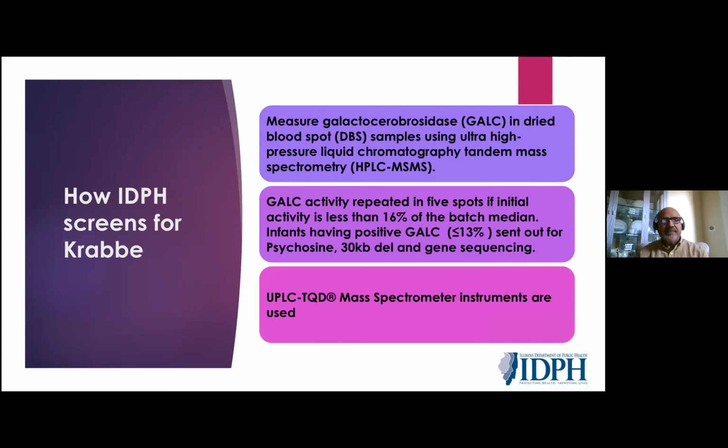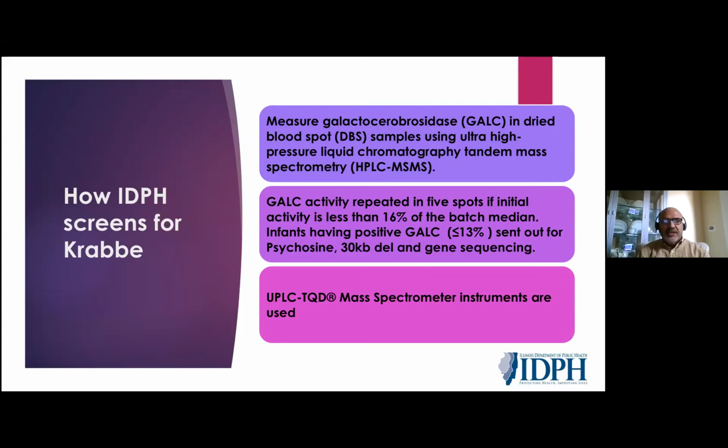With respect to Krabbe screening, we measure GAL-C enzyme activity in dried blood spots using an ultra pressure liquid chromatography method, and we use TQD mass spectrometers. We do multiplexing and analyze a total of 7 enzymes in this assay.